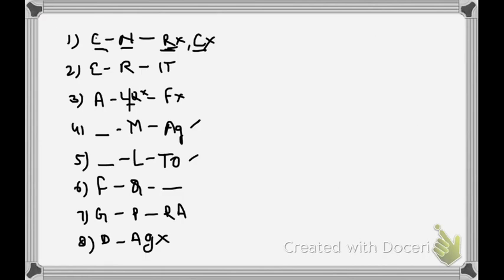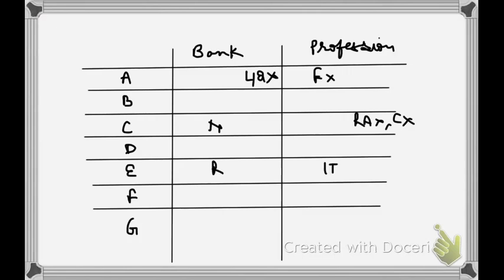Now information 4 and 5 can't be utilized as of now, so we move on to the 6th and 7th information. The 6th information is that F works for bank Q and G works for bank P as a research analyst, so we arrange these two pieces of information in our table.